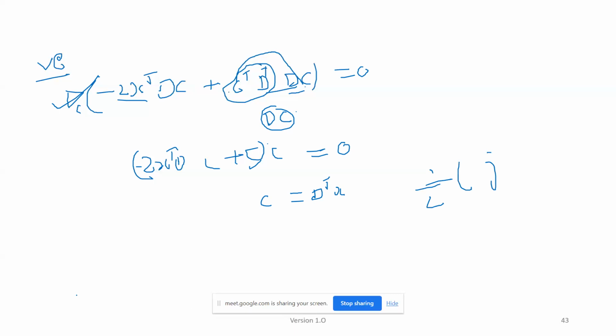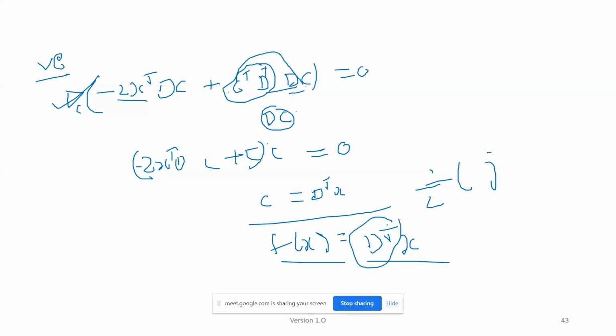So C equals D transpose of X. This is our function f of X. We are replacing the C value with f of X, so f of X equals C, which means f of X equals D transpose of X. This D transpose is the decoding matrix. This is the major thing we are doing in the decoding function.